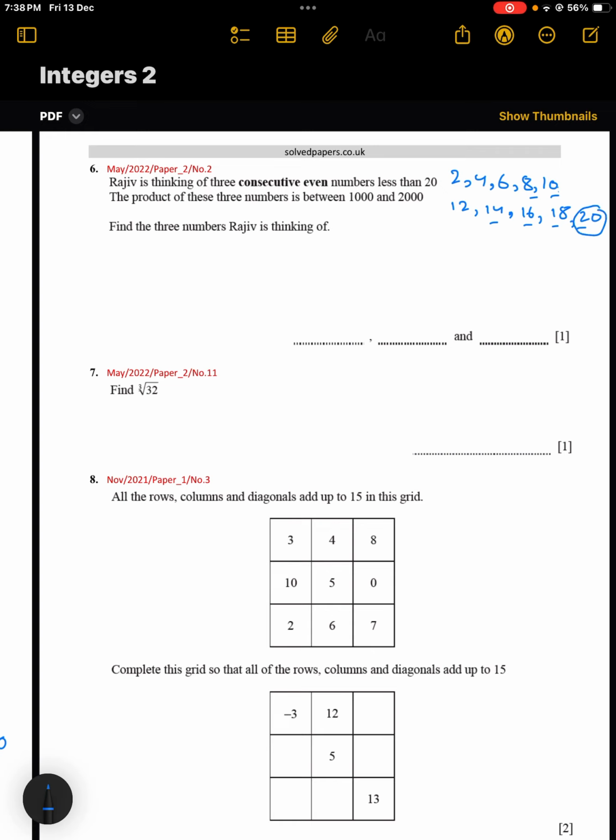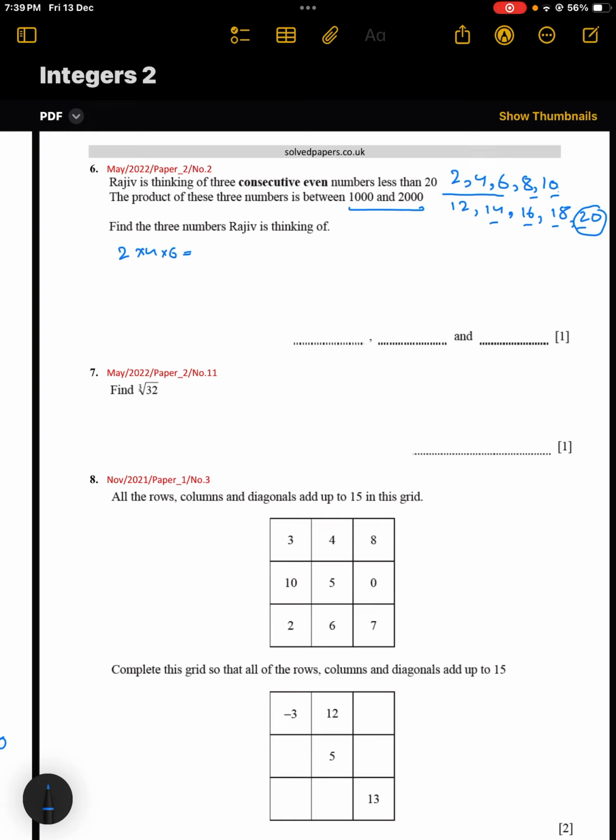Now we have to take any 3 consecutive numbers. When we multiply them, we get our answer in between 1000 and 2000. The answer should be in between 1000 and 2000. So let's take these first 3. So 2 times 4 times 6.